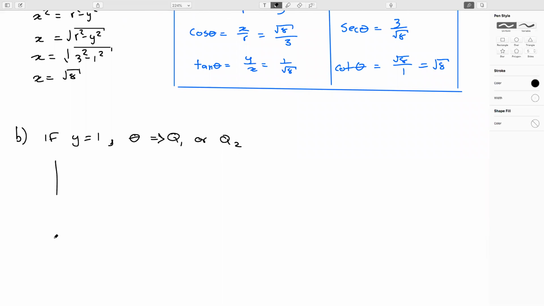So let's draw what we know. Okay. So now I know that these are my 2 options. We've got a radius of 3. We've got a y value of 1. I don't really need to draw that in. I suppose we could. Maybe we will. Okay?